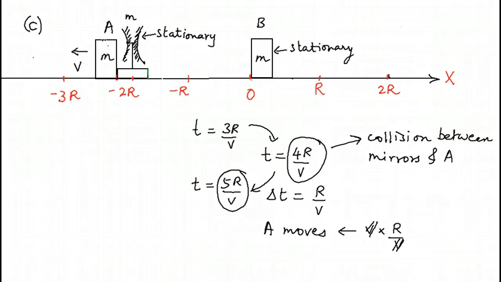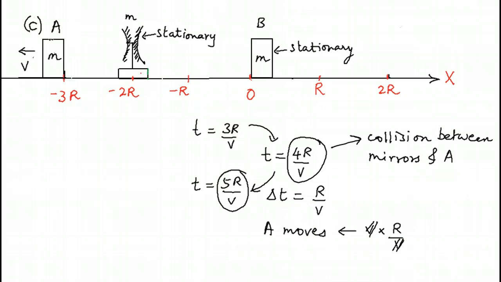So I'll move block A over there like that, and of course A continues to move towards the left with the velocity v. The time, of course, t is 5r upon v. The mirror system is stationary at x is equal to minus 2r.